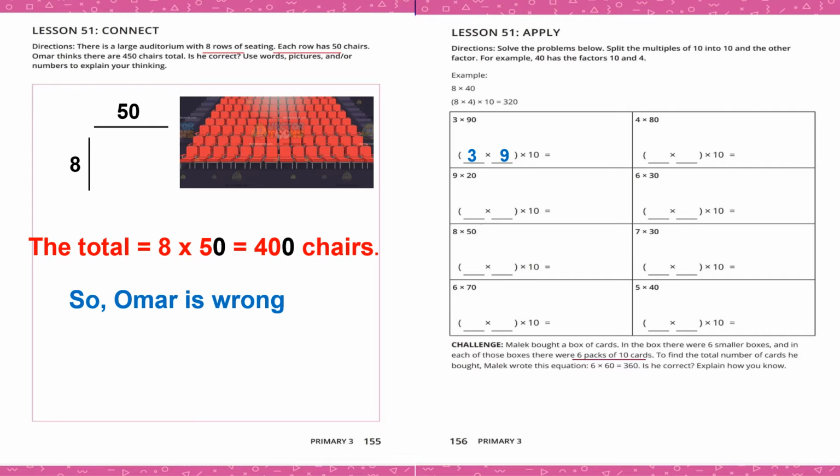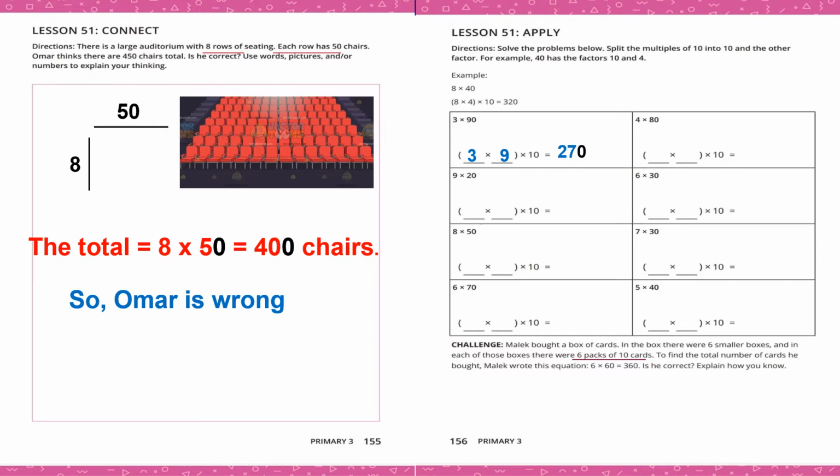I said before, when we have 0 in the multiplication operation, you should drop the 0 in the result. So 27 times 10, drop the 0, and 27 times 1 equals 27. So the final answer equals 270.